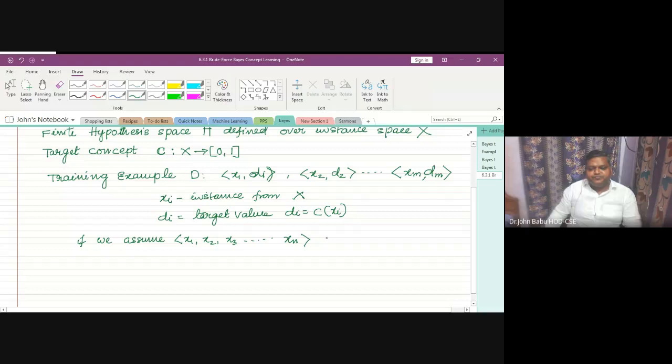So to be constant, then we can consider in the D, instead of x1 d1 and x2 d2, only d1 d2 d3 and so on.